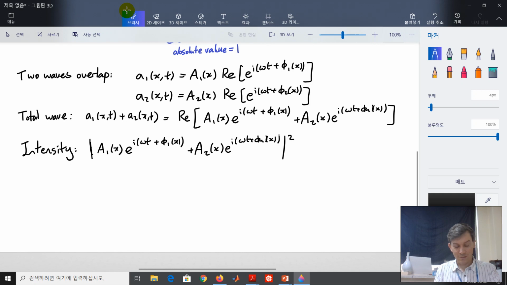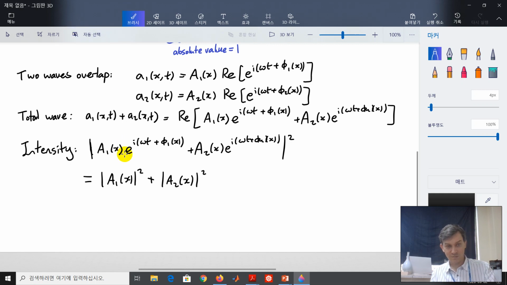So the intensity is the absolute value of this thing squared, and when you calculate it, you get the first term, which is just going to be a1 squared. You get the second term, which will just give you a2 squared, and then you get the cross terms where you multiply the first term by the complex conjugate of the second term.